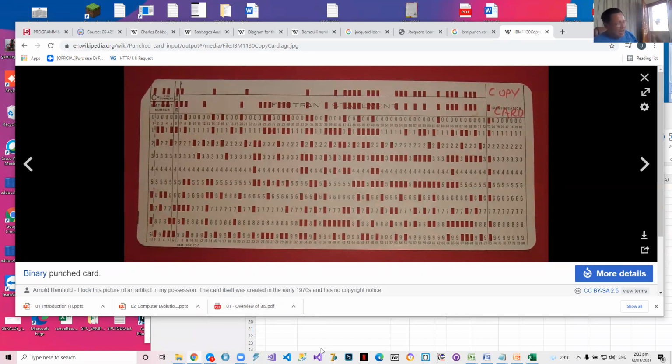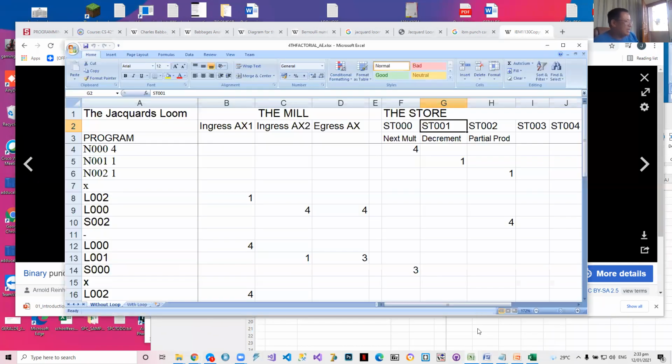Unlike kay Charles Babbage, if you look at his design, ang command nandito sa Jacquard's Loom, ang data nandito sa store or the variables. They're two separate media. Ang data nasa store or variables, ang command, the operation, is in the Jacquard's Loom or in the deck of cards.